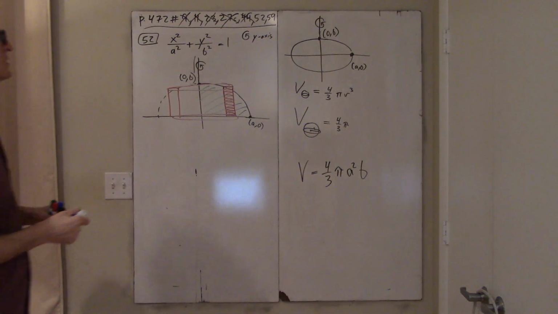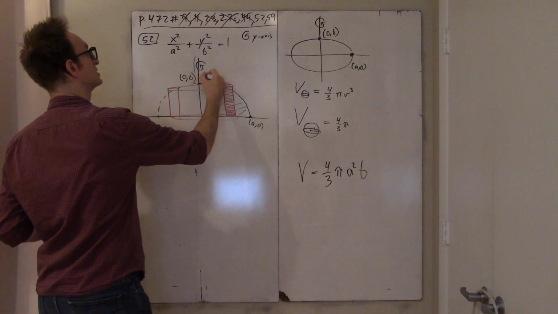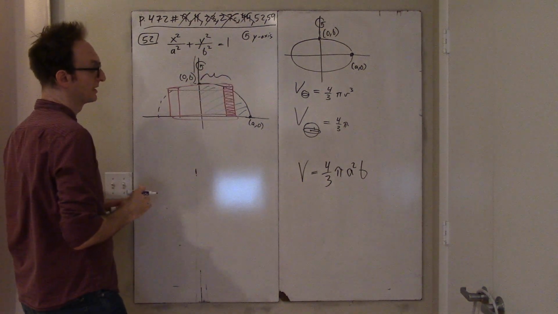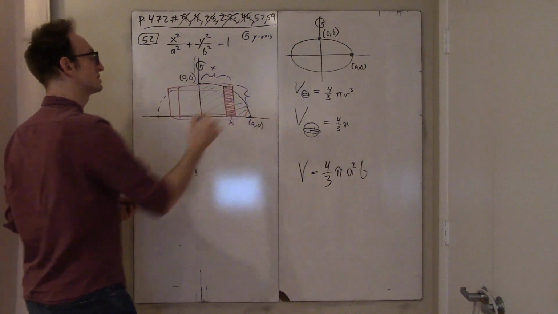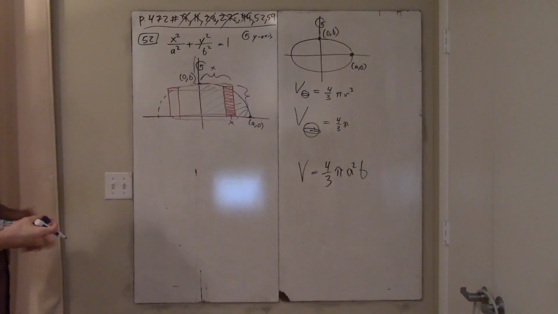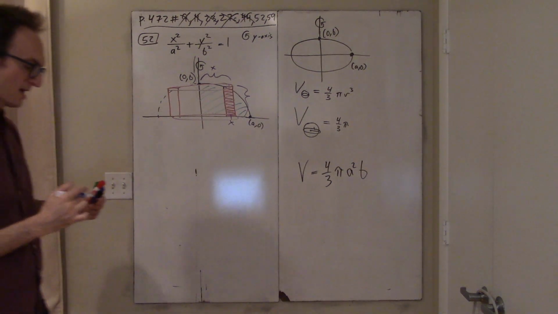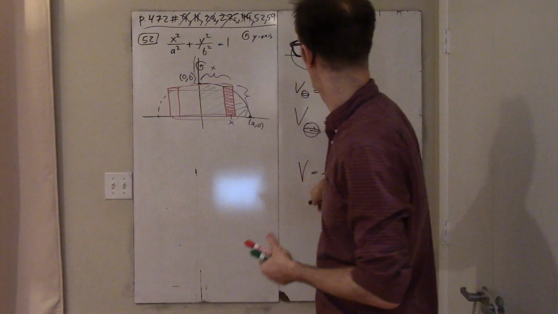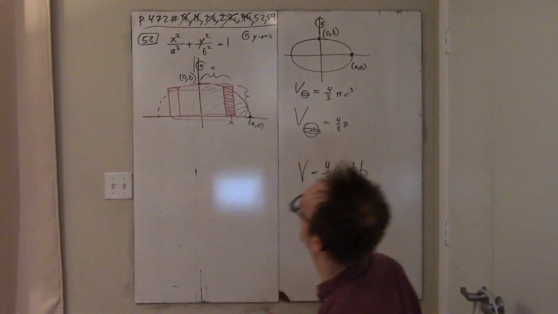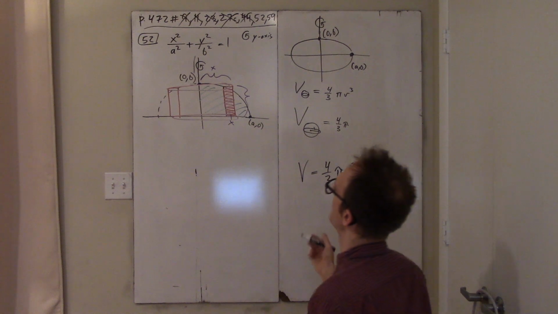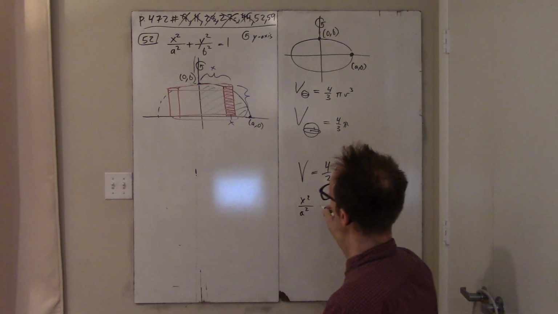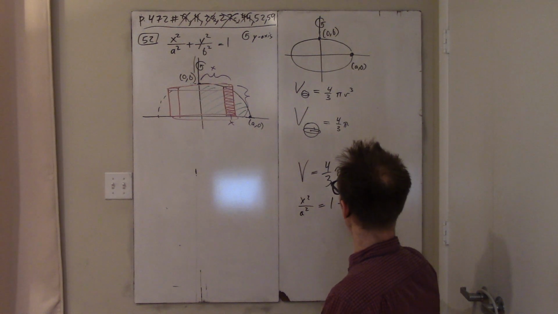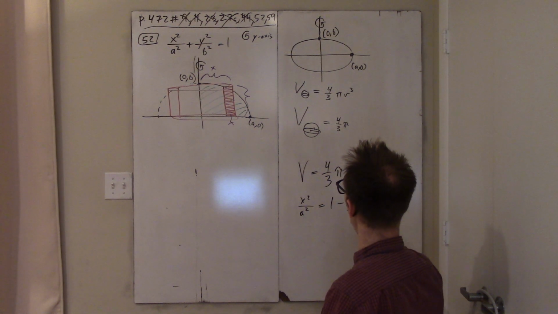Well, the radius of this shell is certainly going to just be x, so that's nice. The height of this shell is going to be, well, I have to kind of do this whole thing again, right? I guess I'll just do it over here. So I have to solve for y, basically. I get x squared over a squared equals 1 minus y squared over b squared.